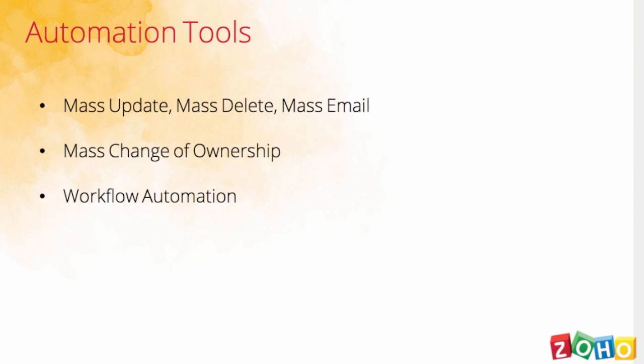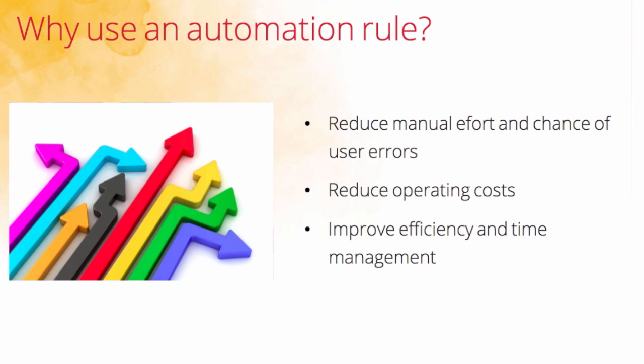I'm going to show you how to mass update your records or mass delete them, how to change the ownership, and then we're going to set up a workflow automation rule, and that is one of my favorite features that I enjoy sharing with our potential customers and current customers, and they always find it useful because it, one, saves a ton of time because you're not having to manually go in and enter a task or send the customer an email, and in the long run it reduces your operating costs because you don't have to hire an administrator to set reminder tasks, send customer emails when they sign up, and things like that.